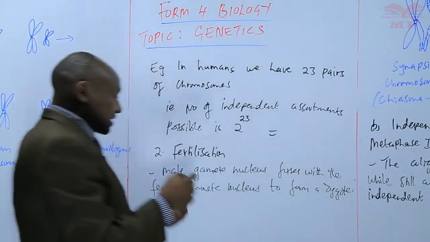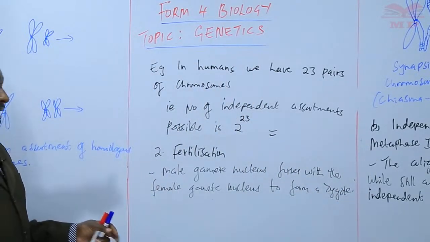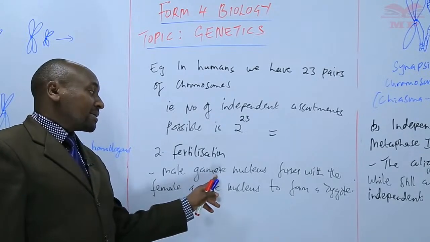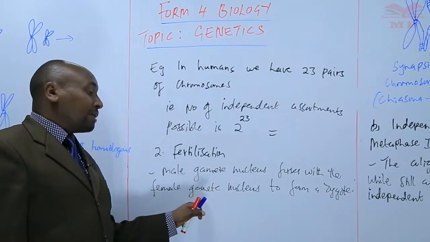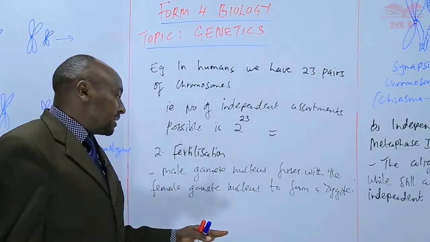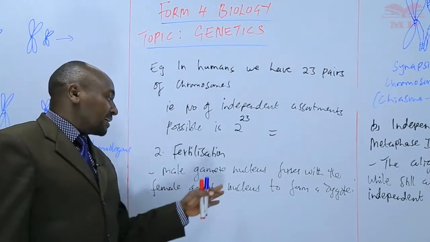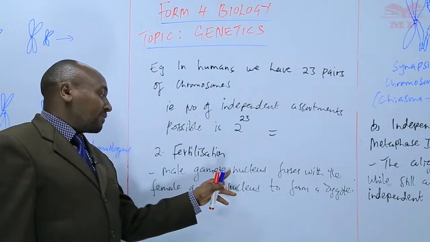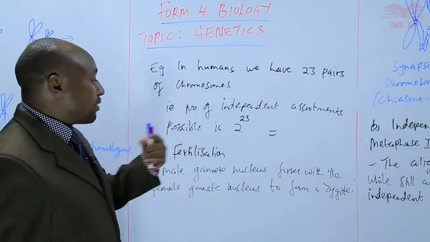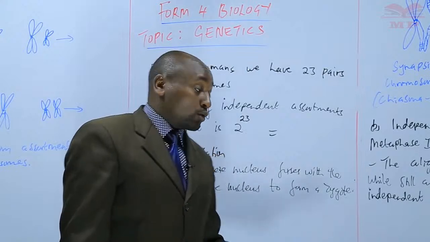So in other words, the zygote will carry the genes that were on the male gamete nucleus and those that are in the female gamete nucleus in different combinations. So basically the gamete that fertilized the first time may not be identical to the one that will fertilize the second time.